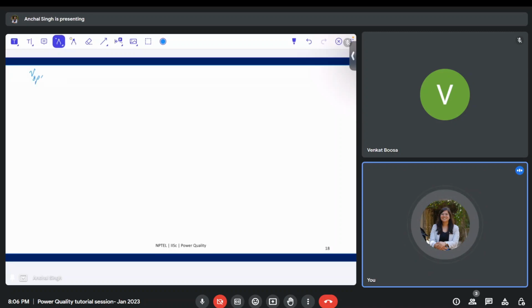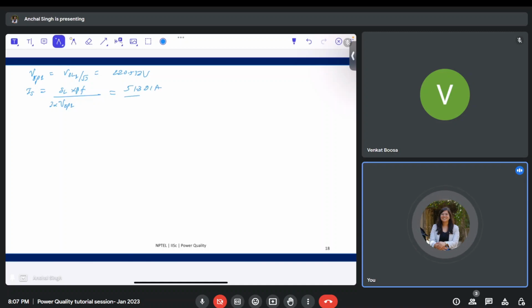The phase voltage component of the fundamental supply is equal to VSL1 by root 3, which will be 220.532 volts. So the supply current after compensation can be calculated as SL into power factor by 3 into VSP1 corresponding to the fundamental component, because only the fundamental component will be supplied by the voltage source. The reactive power component will not be supplied.